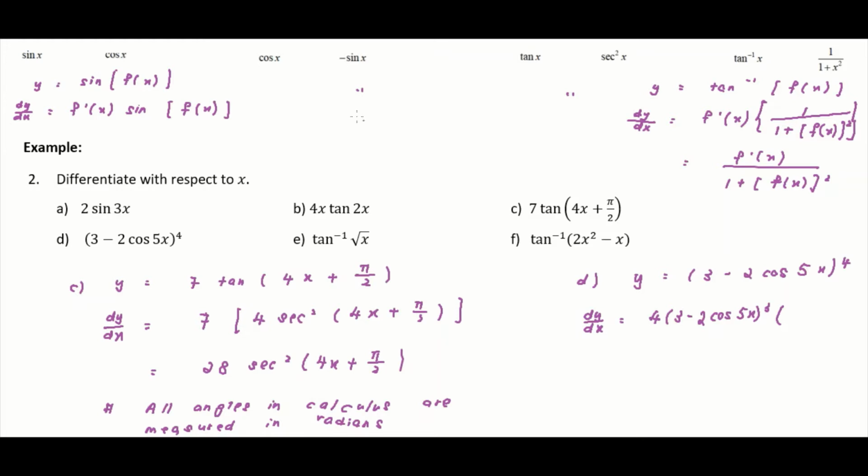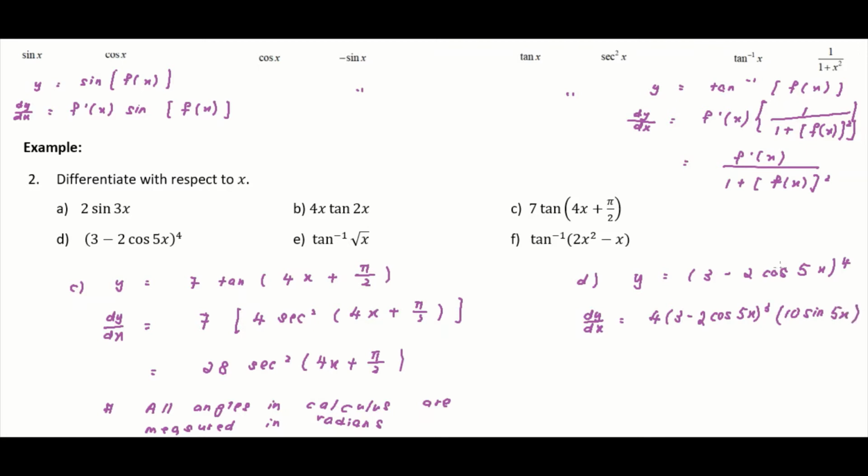Then for cos, after you differentiate you should get a negative sign, right? So negative negative becomes positive. You remember to multiply by 5, so you get 10 sine x. Oh, I'm sorry, it should be 10 sine 5x.